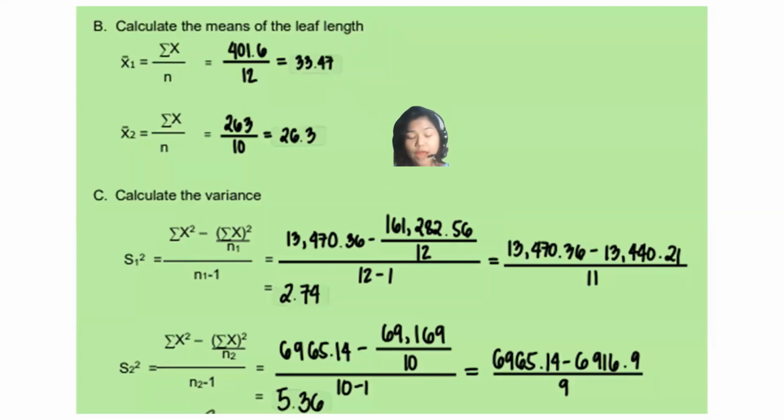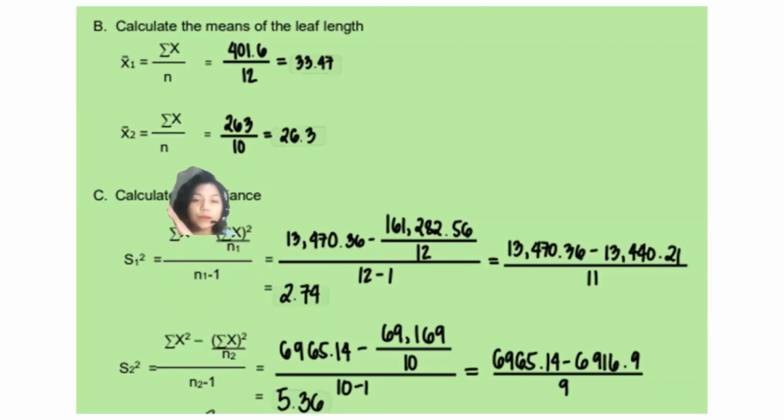Squaring this one, we have 161,282.56, divided by 12. And then over the df, or the degrees of freedom. To get the df, we simply subtract 1 from our sample size. So the answer for this one is 2.74.